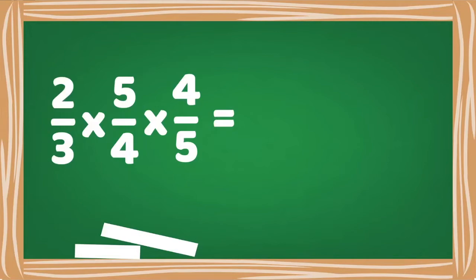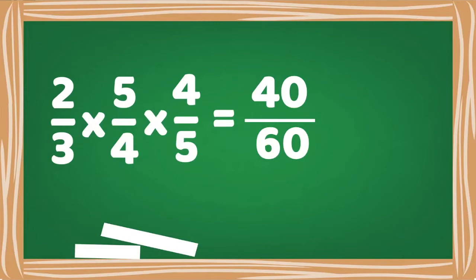So, 2 times 5 times 4 is 40. 3 times 4 times 5 is equal to 60. Our answer is 40 over 60, which can be simplified by dividing both numerator and denominator by 20, which yields 2/3.